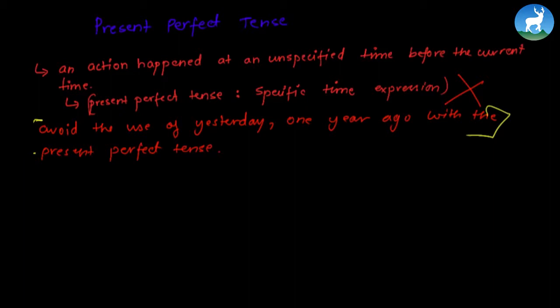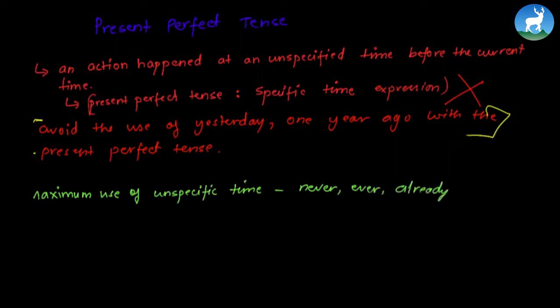We use this tense with unspecific time expressions such as ever, never, once, already, yet, several times, etc. So make maximum use of unspecific time like never, ever, already, yet, several times, etc.